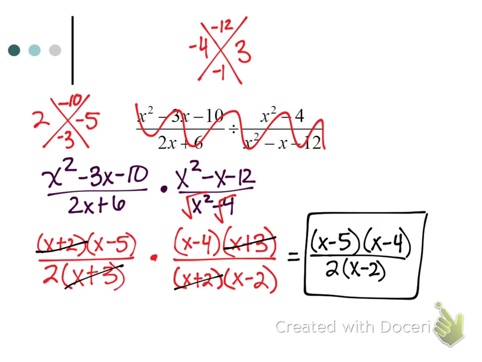You could double distribute in the top. So if we were to fully multiply those back out, we'd end up with x squared minus 9x plus 20 over 2x minus 4. That is the same thing, but you don't need to do that. Does that make sense? For some people, that's just going to take up time that they don't want to spend. And that's fine. So I'm fine with you leaving it factored out.